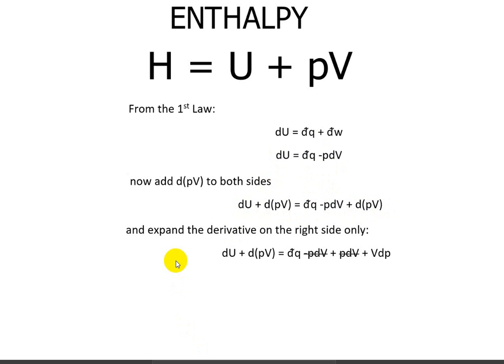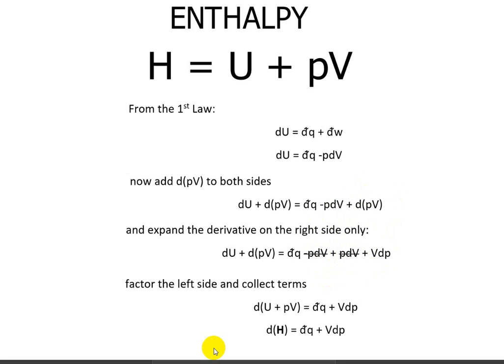Then I will expand the derivative, but only on the right-hand side. So I take the d(PV) term and make it PdV plus VdP. Then I notice that this minus PdV term, along with the expansion PdV term, are both plus and minus, and those get canceled out.